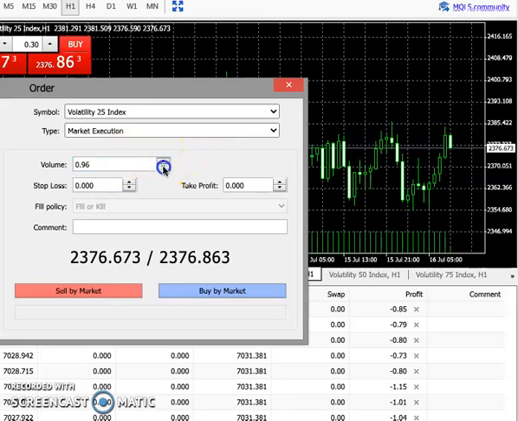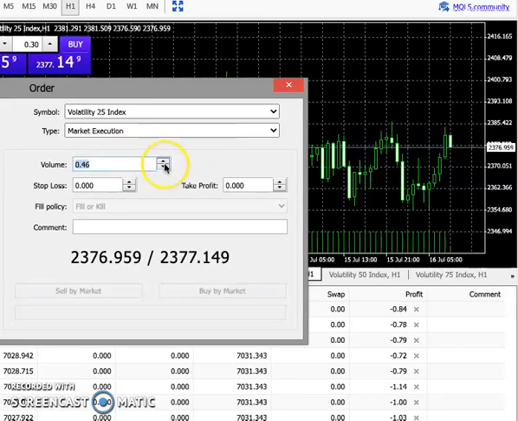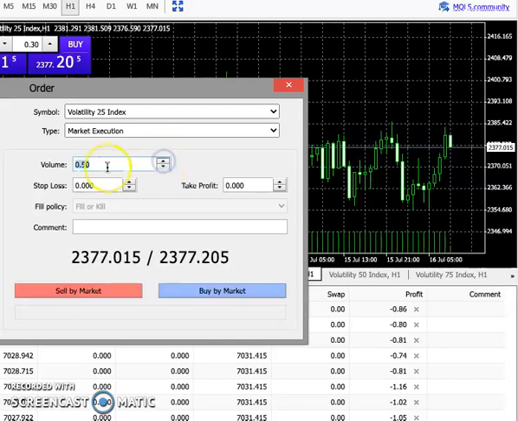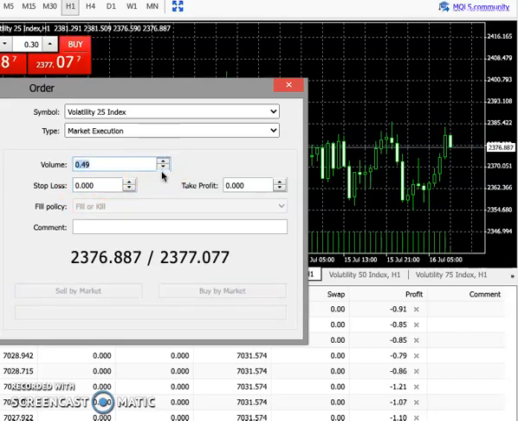So V25's lowest lot is actually 0.50. If you put it on 0.49, you won't be able to place a trade on market execution.